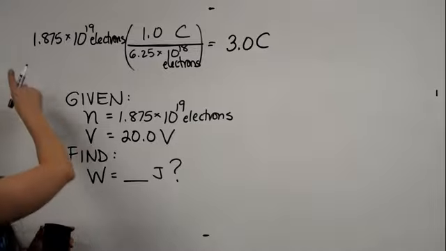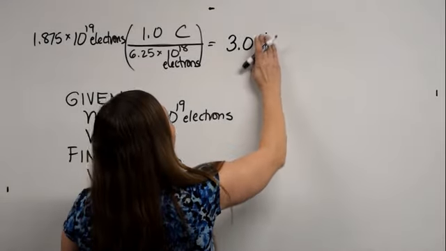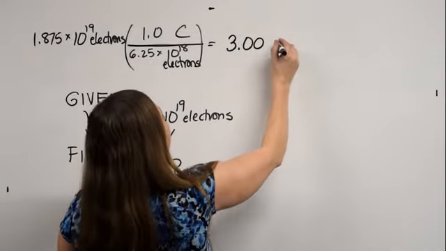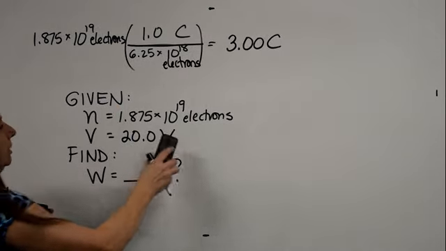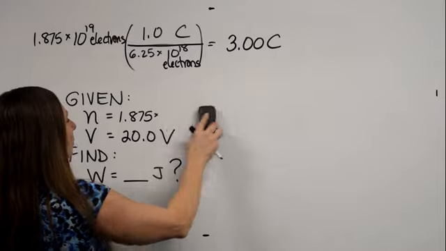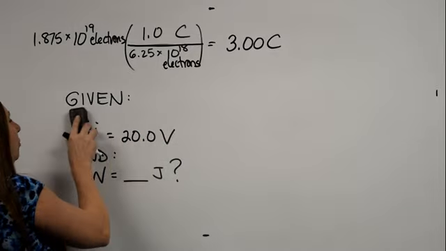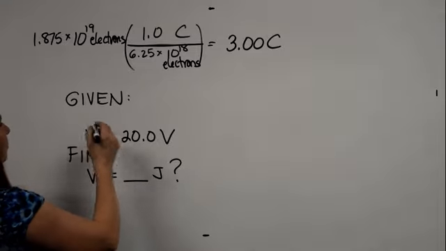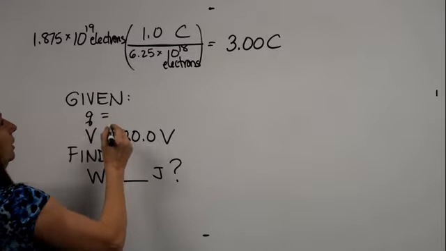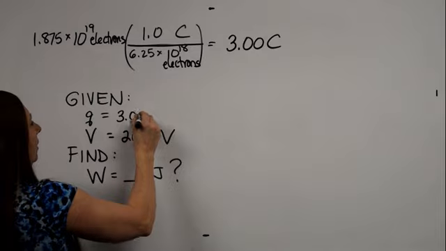I actually have 3 significant figures there, because I got 3 of them here, so we'll say 3 coulombs. So I've got 3 coulombs instead of this many electrons. I'm going to switch that right now, and just show you one other way that you might remember to convert electrons to coulombs. So the charge is 3 coulombs.